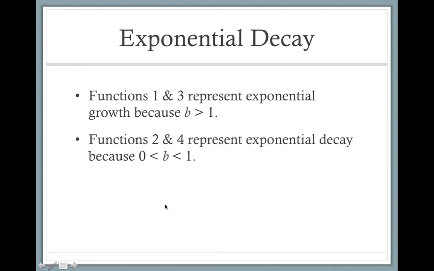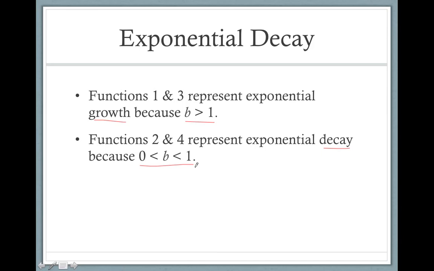It all has to do with the fact that our b values were less than 1 but still greater than 0. So growth is represented by a b value that's greater than 1. Decay is represented by a b value between 0 and 1.